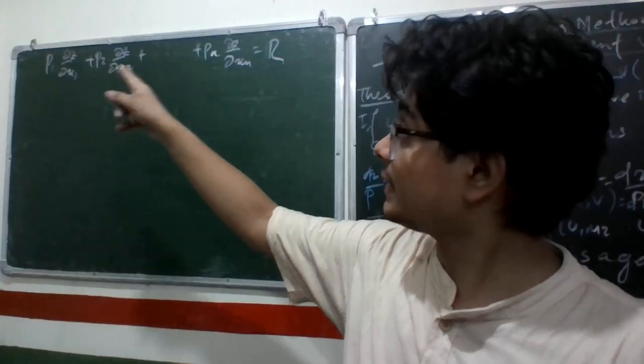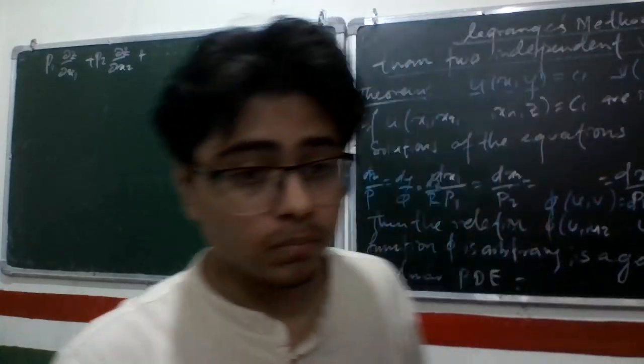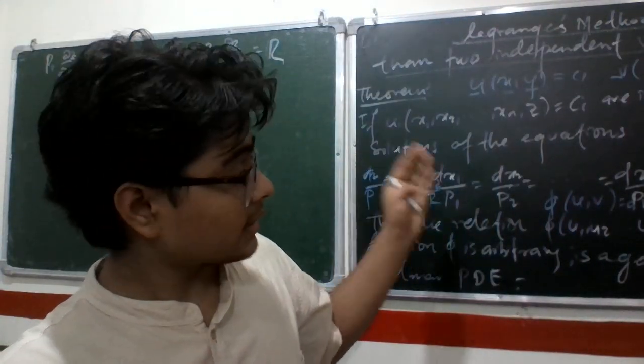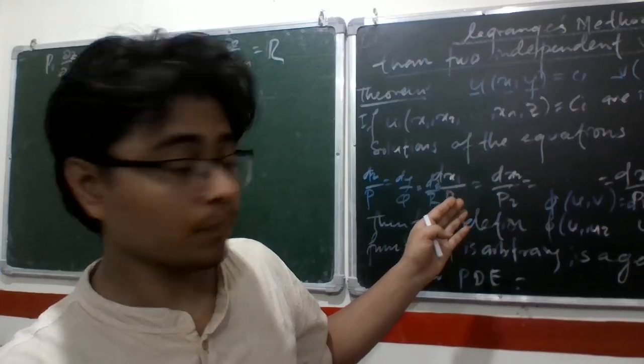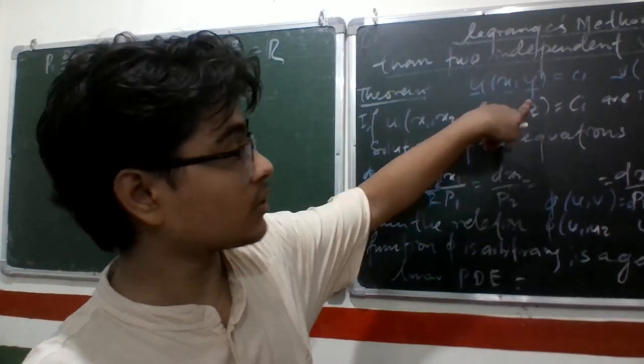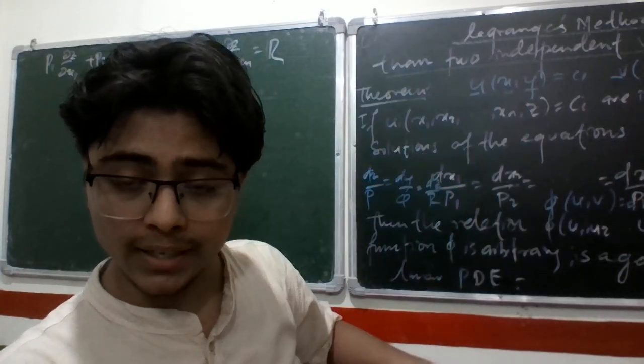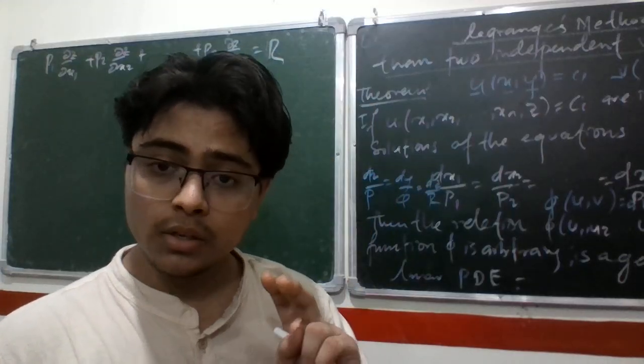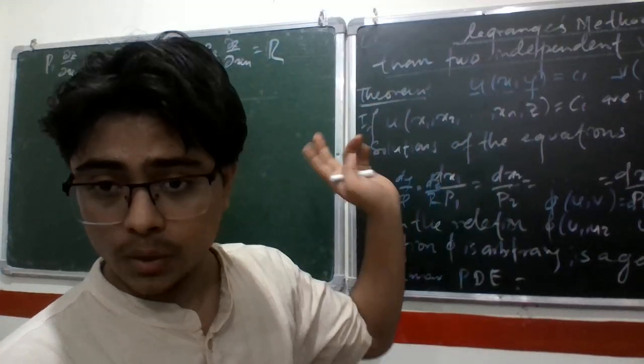So actually, what it is saying is that we had this as our linear PDE, and we used these systems of equations to find these solutions when we had only two independent variables x and y.